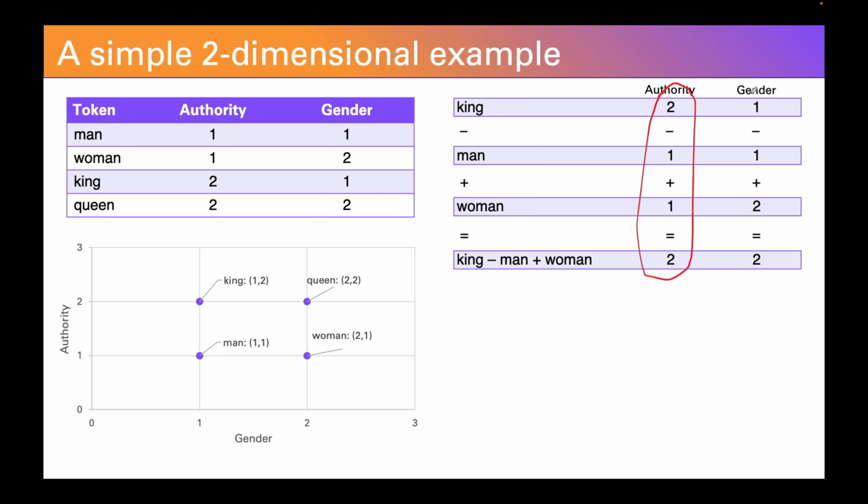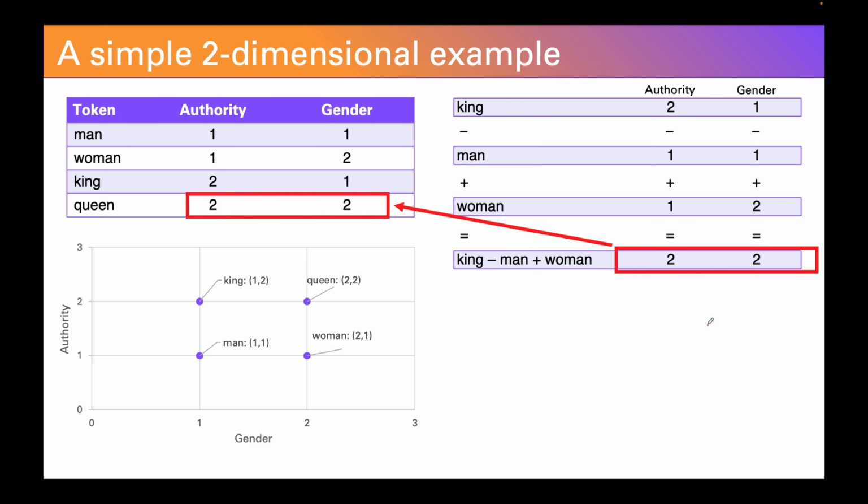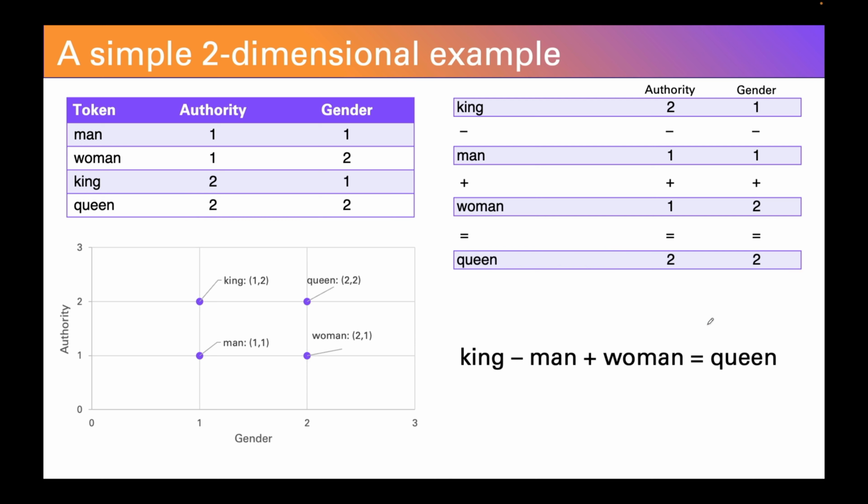And then if we do the same thing for gender, 1 minus 1 plus 2 is equal to 2. And what we see is that this 2, 2 is actually the same value as queen. In other words, king minus man plus woman equals queen.